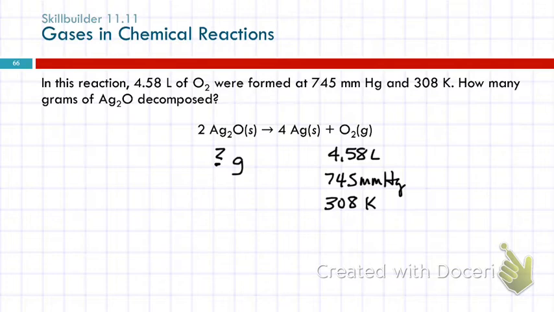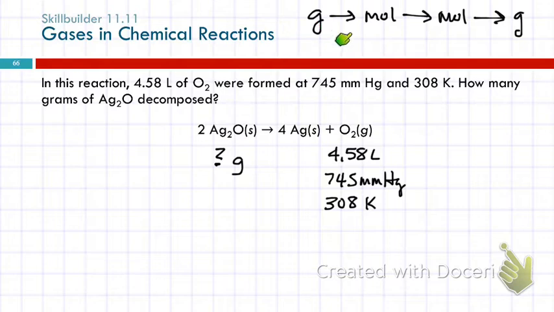So I'm going to use the space way up here at the top. Normally we would do grams to moles to grams. And we'd start with grams of oxygen to moles of oxygen to moles of Ag2O to grams of Ag2O.